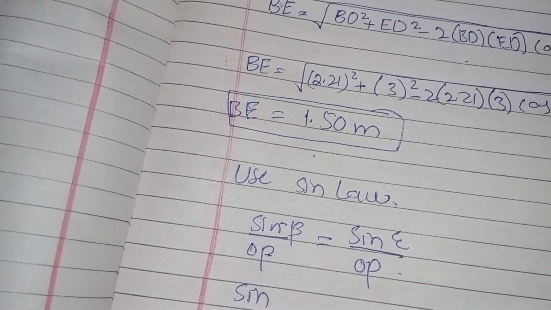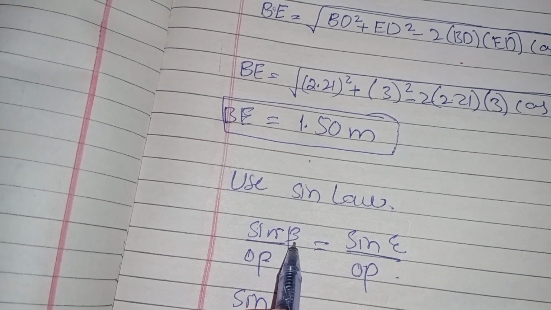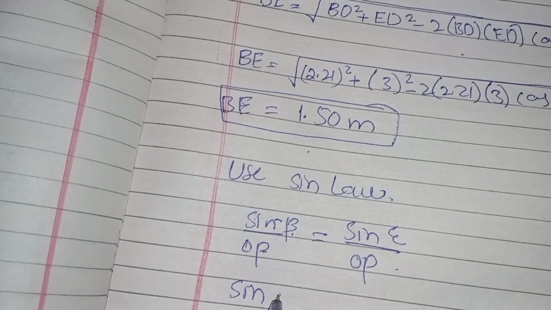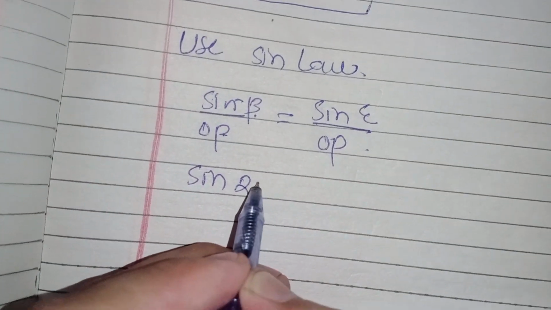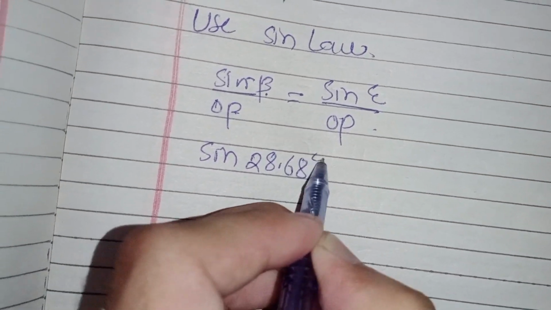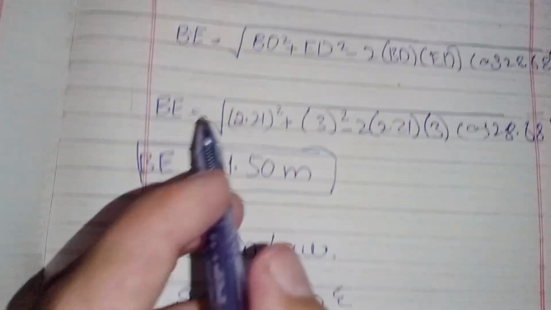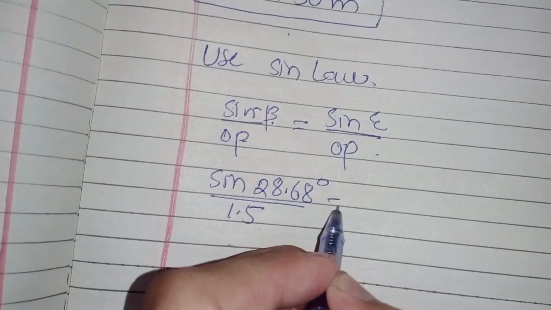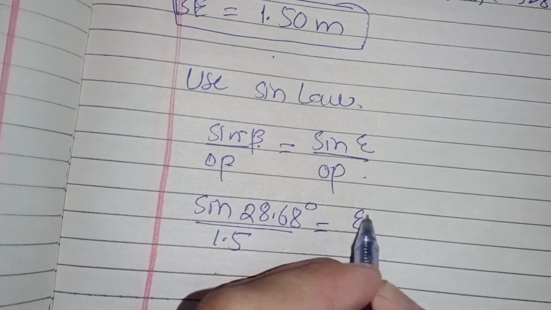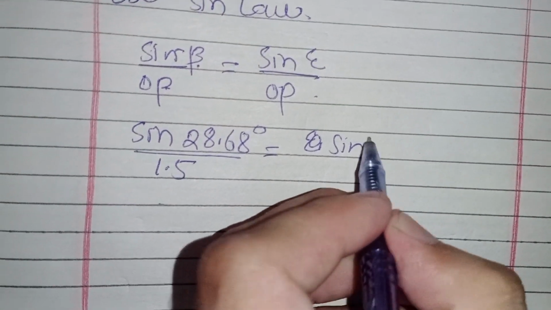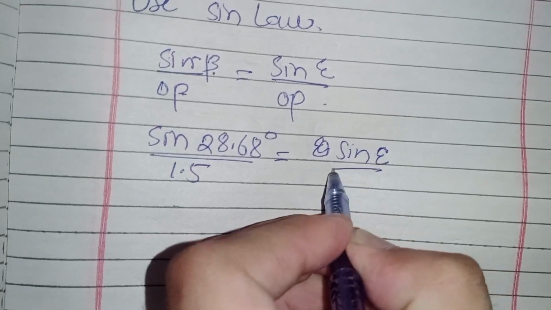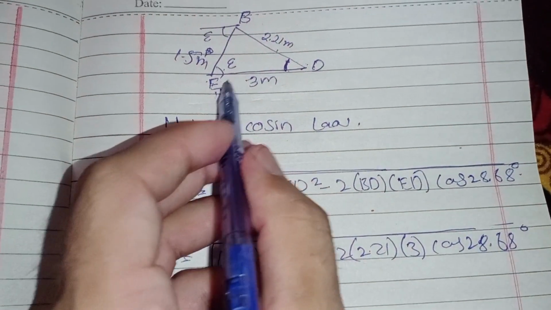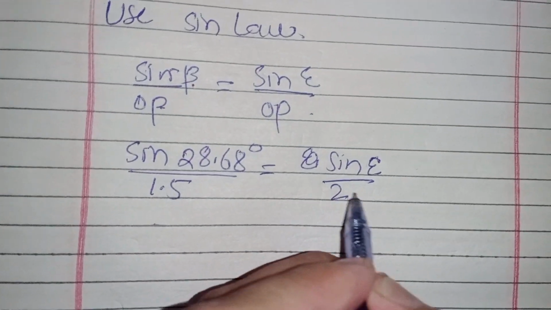So sine of beta, which is 28.68 degree, divided by opposite side 1.5 meter, equal to sine Z divided by opposite side 2.21 meter.